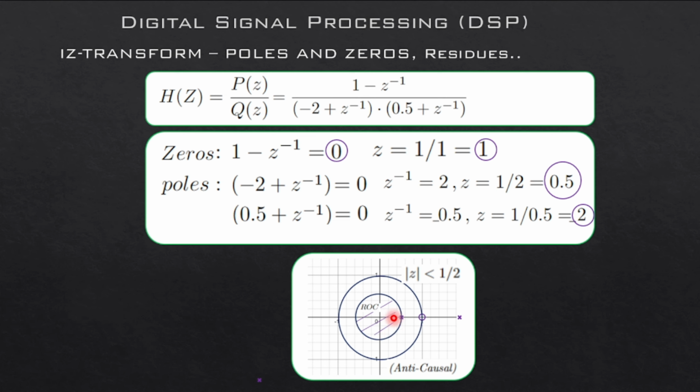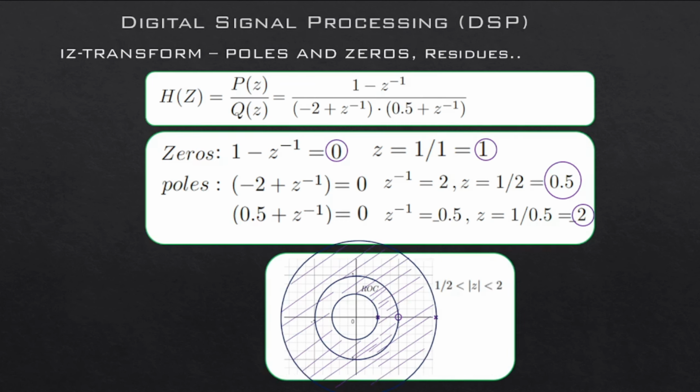What is the innermost pole? The innermost pole is 1 over 2 or 0.5, the pole that is the closest to the origin. So the circle which is going through that pole would be the region inside of which you have the convergence or ROC.